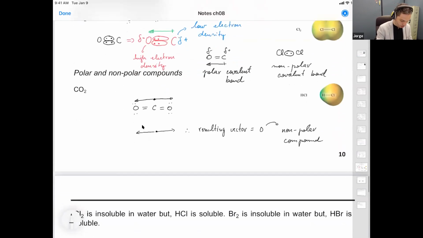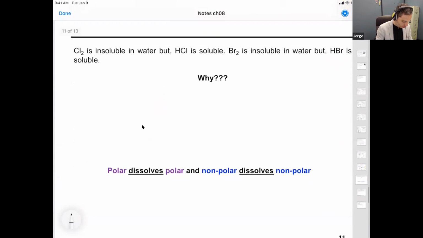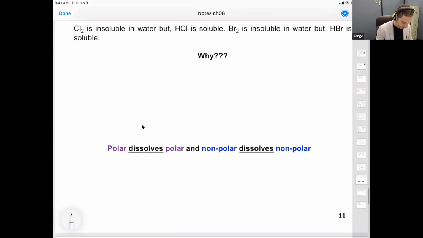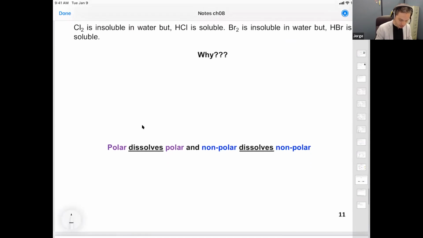Okay, very good. I will talk about solubility in the next chapter, but the rule of thumb is that polar compounds will dissolve polar compounds, and non-polar compounds will dissolve non-polar compounds. So a polar compound will not be capable of dissolving a non-polar compound.